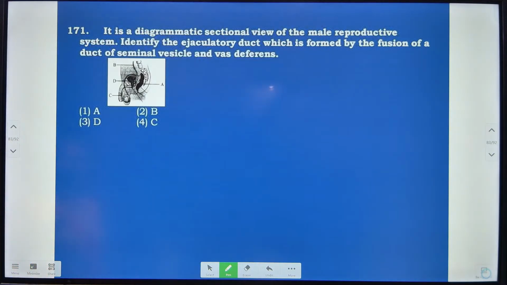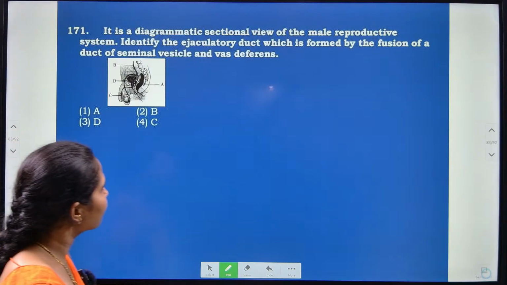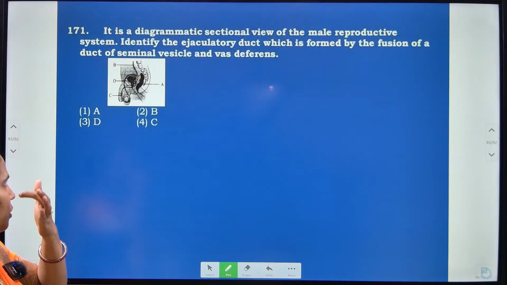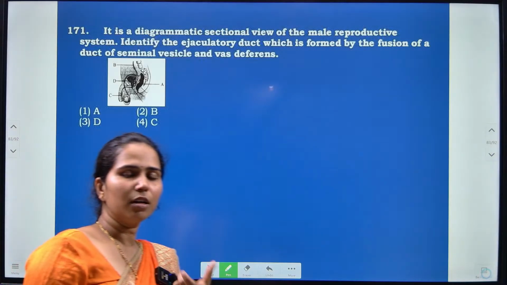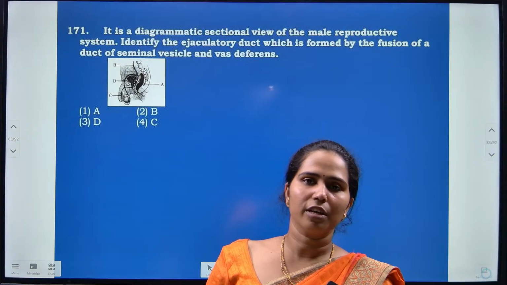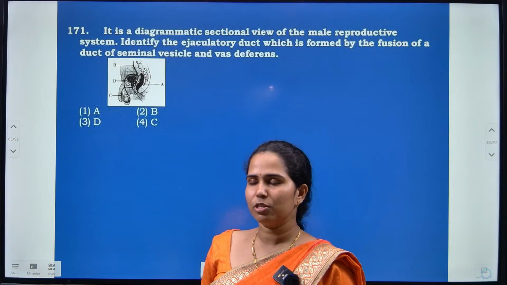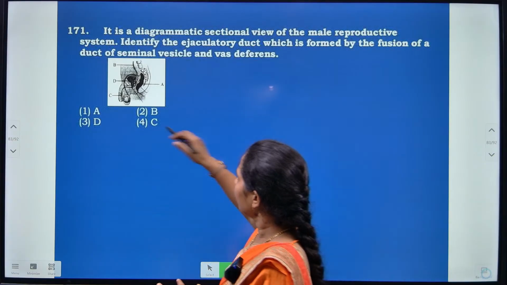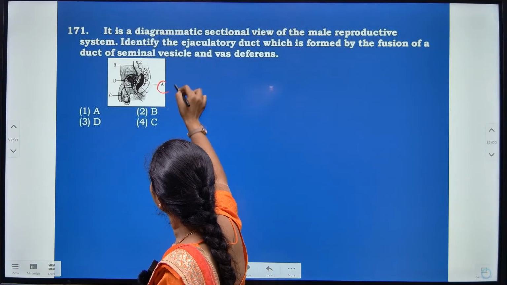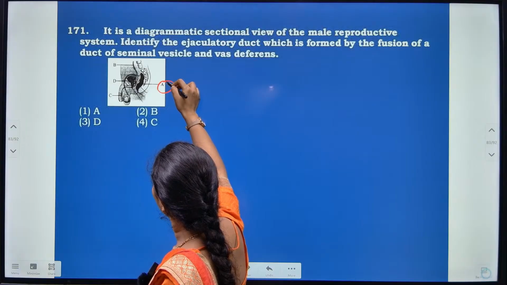It is a diagrammatic sectional view of the male reproductive system. Identify the ejaculatory duct. It is a clear question from the NCERT textbook. They have given just the image and you have to label the parts. So here I will tell you, A is going to be the ejaculatory duct.